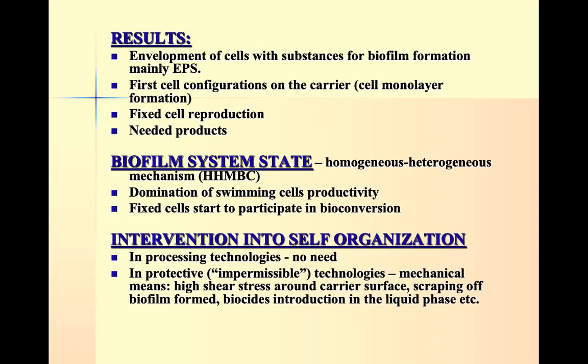And they need products for the reproduction. Biofilm system state, homogeneous or heterogeneous mechanism here, domination of swimming cells, productivity, and fixed cells start to precipitate in bioconversion. Bioconversion means conversion of the carrier, because they use different enzymes for the bioconversion.